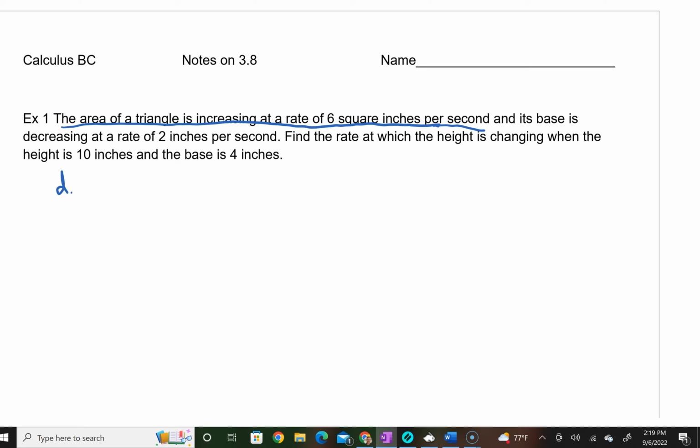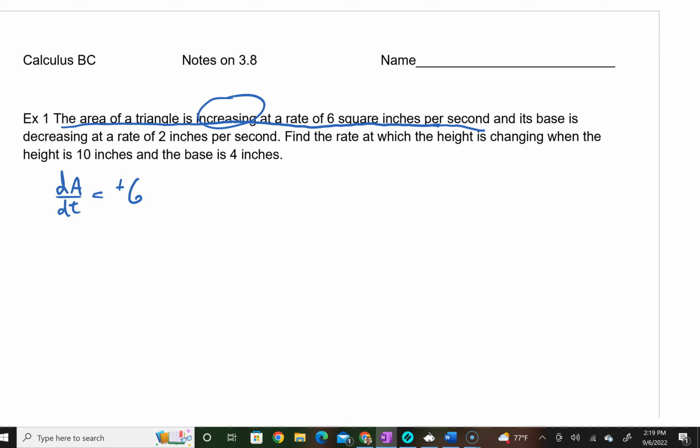But the related rate, we're going to write it with differentials here, dA/dt, how area is changing with respect to time. That's what dA/dt is actually saying. It's increasing, so it's positive 6 square inches per second.